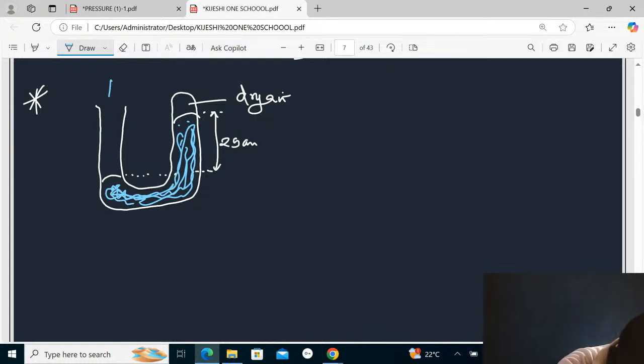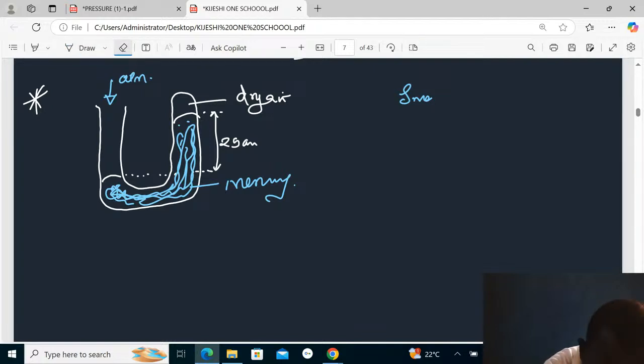So in this case, we expect atmospheric pressure to be acting in this direction. But now, this is mercury. So we are given that density of mercury is 13,600.